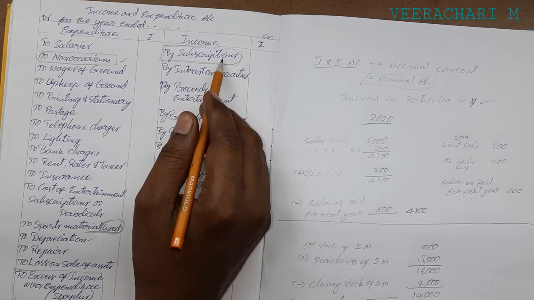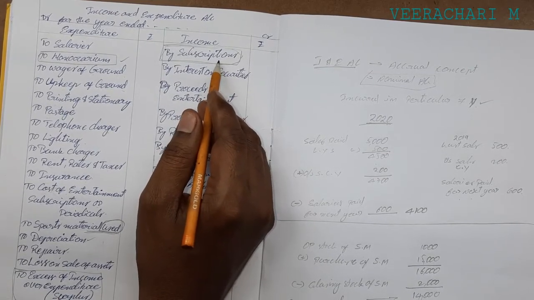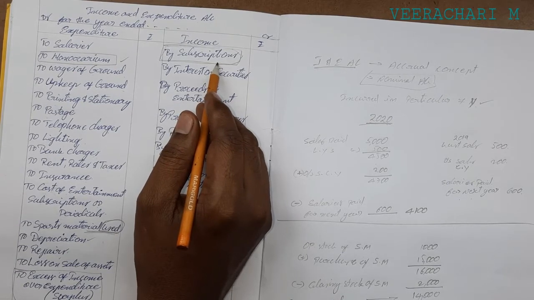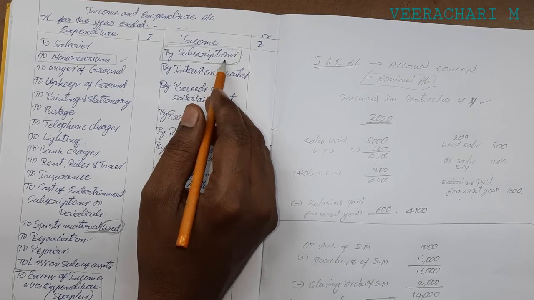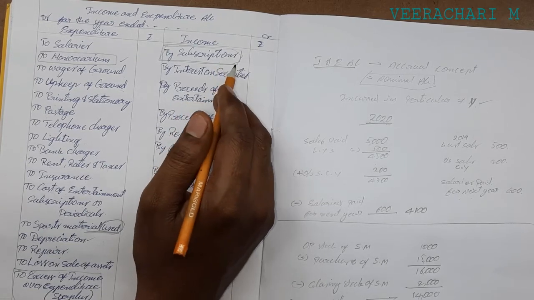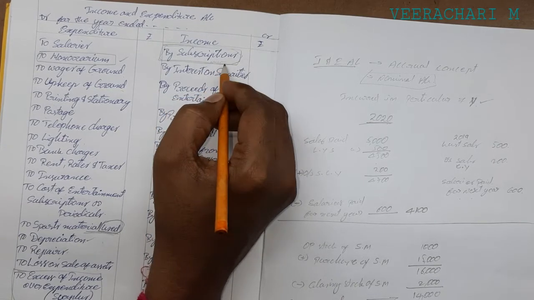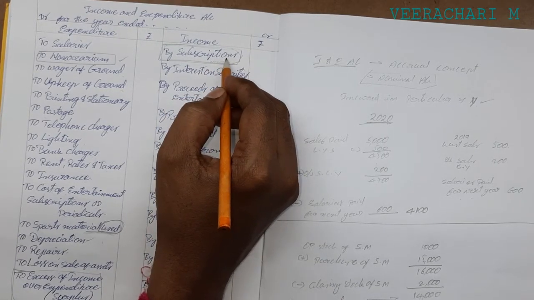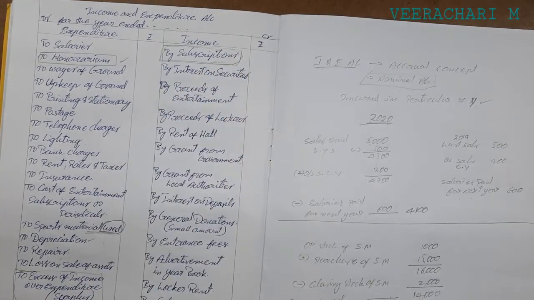This is the subscription amount received from members to maintain their membership, which is why it is called subscriptions.